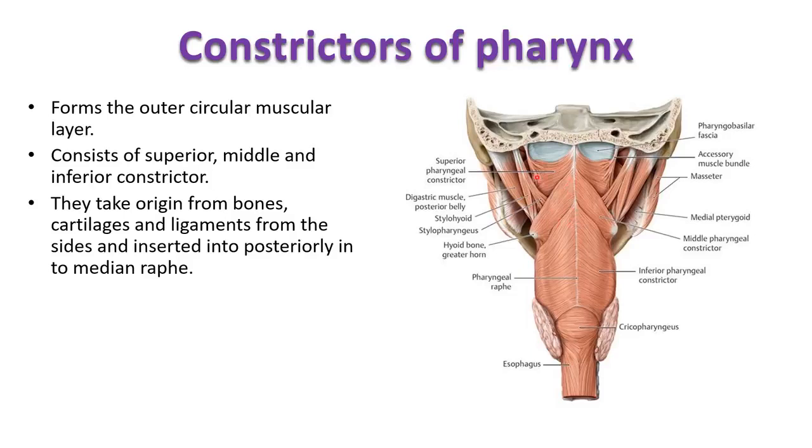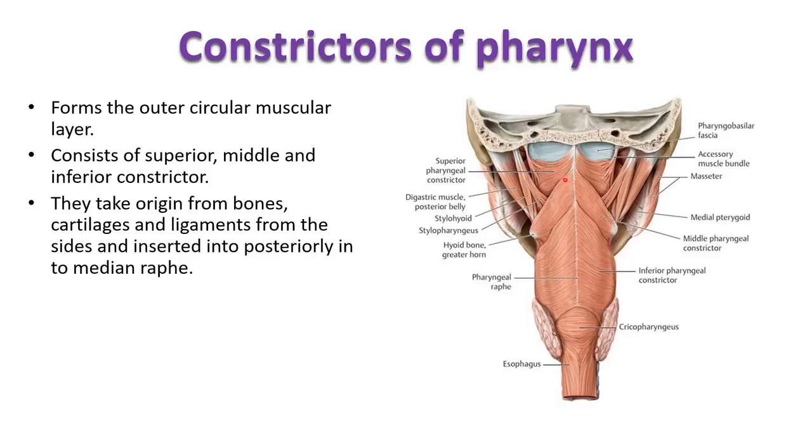The upper fibers sweep upwards, the middle fibers are transversely oriented, and the lower fibers sweep downwards. Thereby it appears they are stacked one above the other, one overlapping the other.